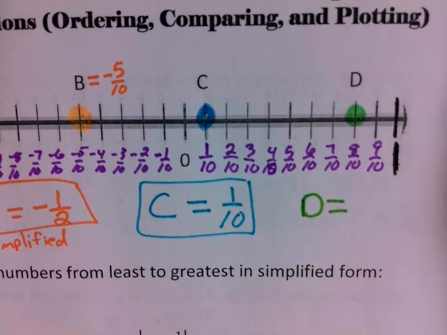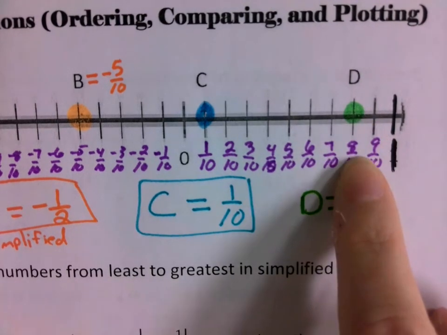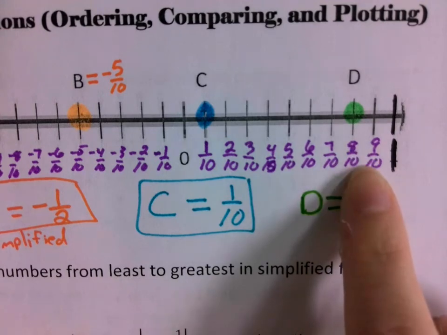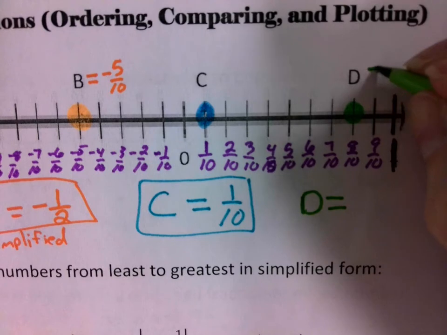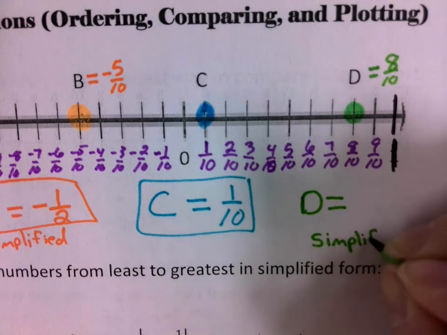Not 10/10. Well, what fraction is this at? 8/10. Can 8 over 10 be simplified, guys? Yes. So I'm going to write down, yes, this is technically equal to 8/10, but we are going to go ahead and simplify it. And Jeremy, what is it when it's simplified? 4 over 5. Very good.